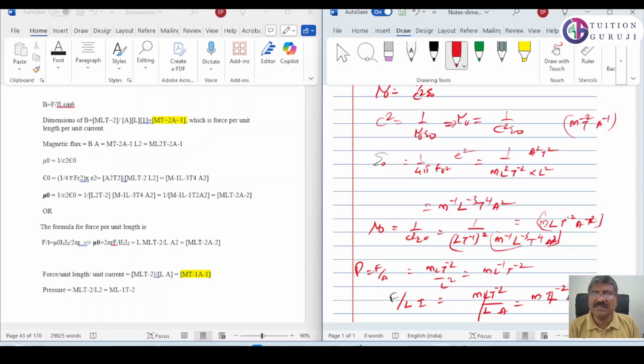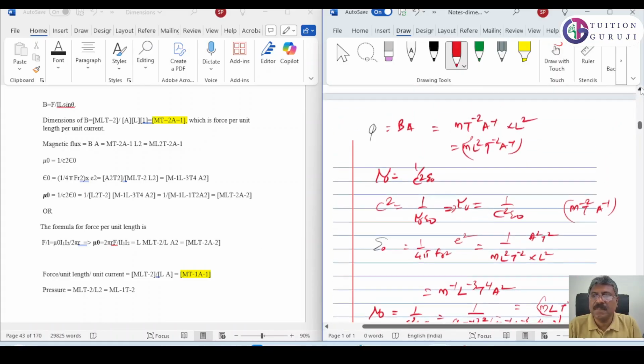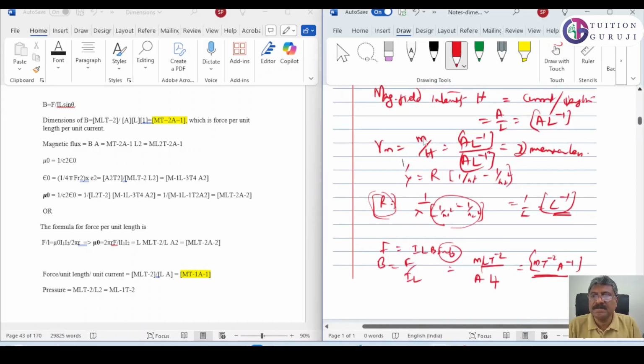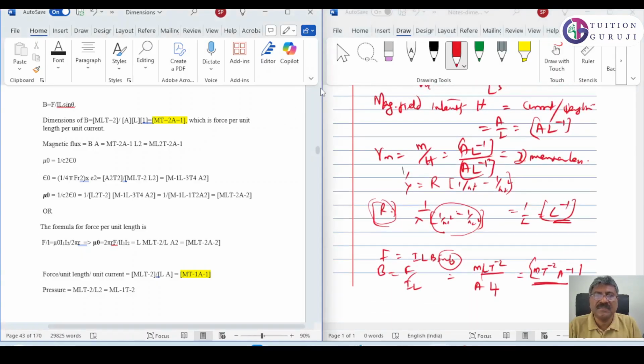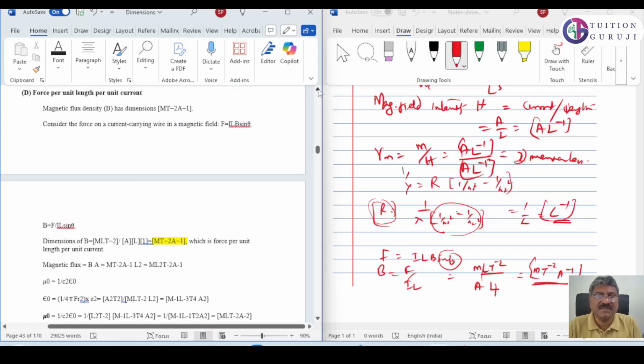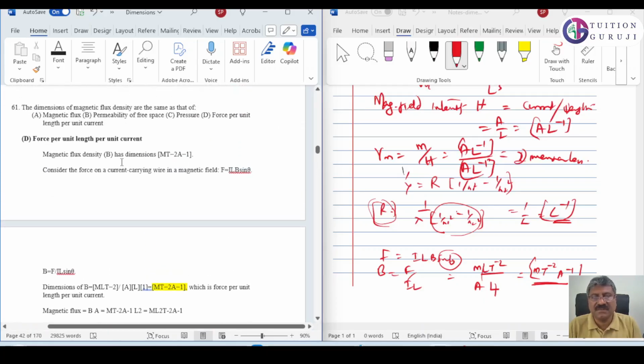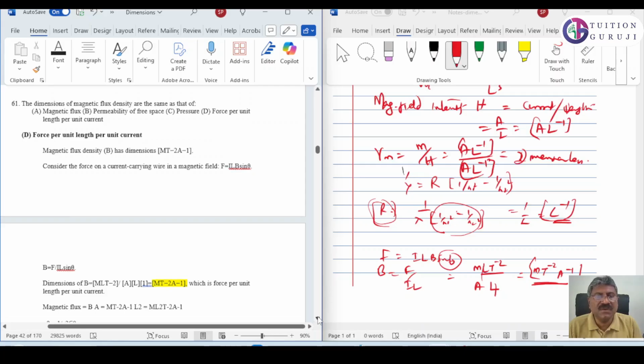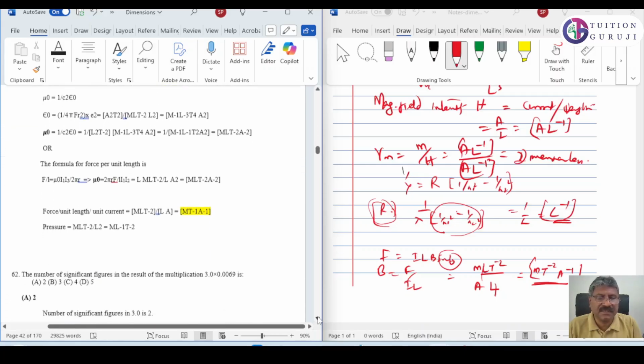So force per unit length per unit current is matching with the magnetic flux density, M T raised to minus 2 A raised to minus 1. Correct.